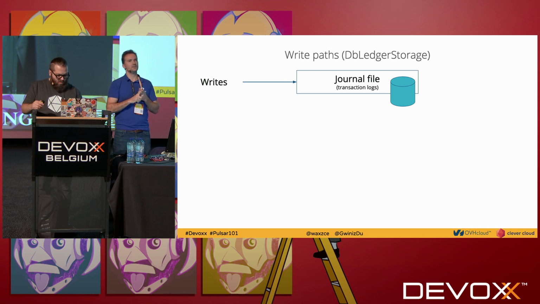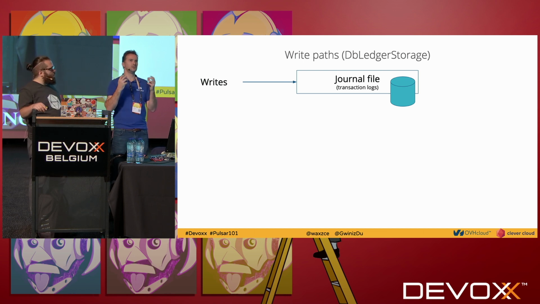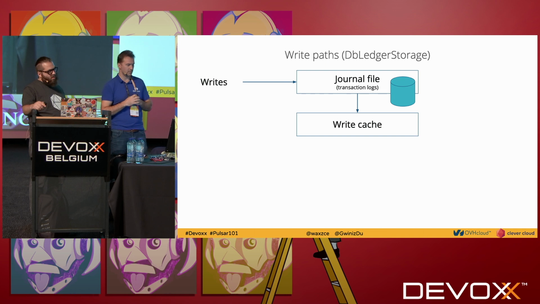First, for tailing reads, you don't get to the storage layer because it's Pulsar that caches messages and serves them directly. But for writes, you can go on. Writes go through the journal, like the WAL, for example.